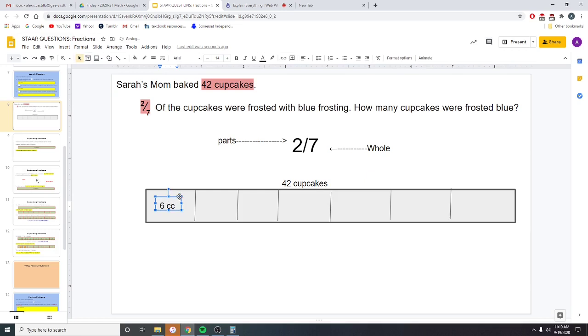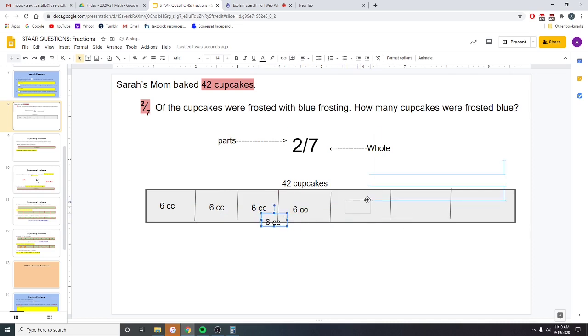I'm going to write 6 cc for each part. That's worth 6 cc. This is also worth 6 cc. All of these parts, each, are worth 6 cc because all 7 of these parts are equal.